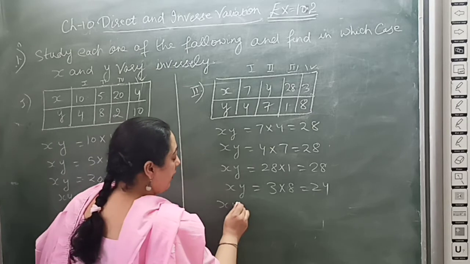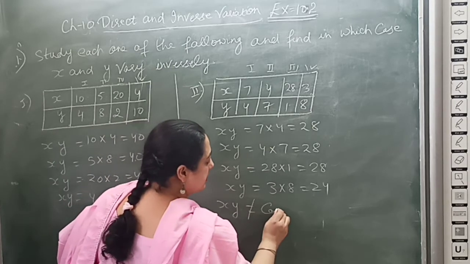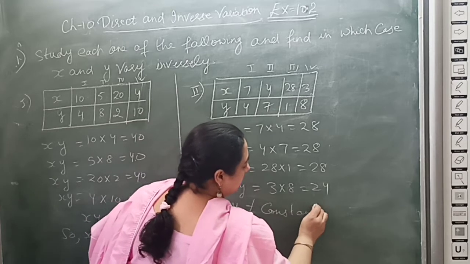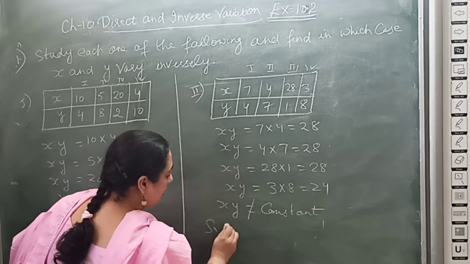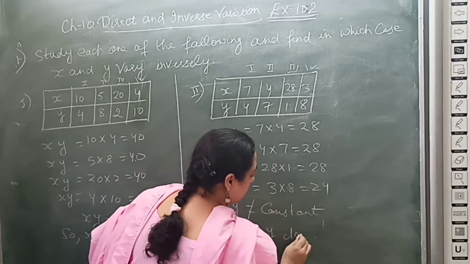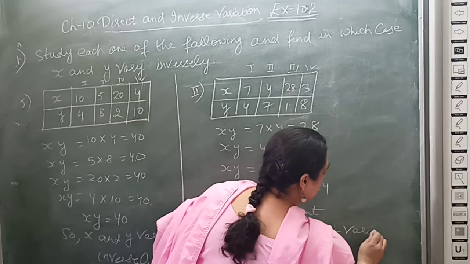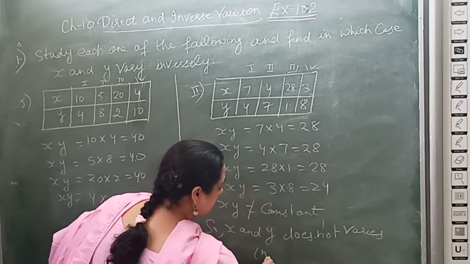So you will write xy is not equal to a constant. So x and y do not vary inversely.